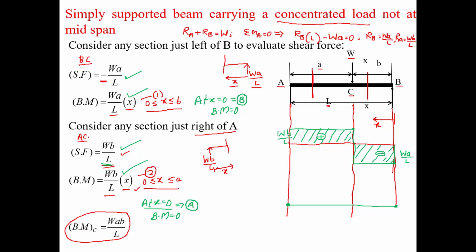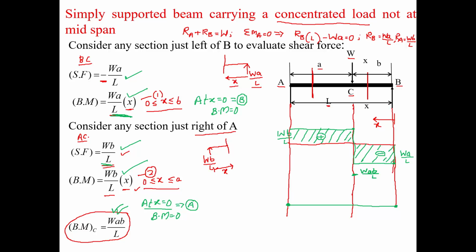So what is the bending moment at point C? We know that it is equal to WAB by L. So this is somewhere WAB over L. Now in between C to A and in between C to B, the equation is linear in x.